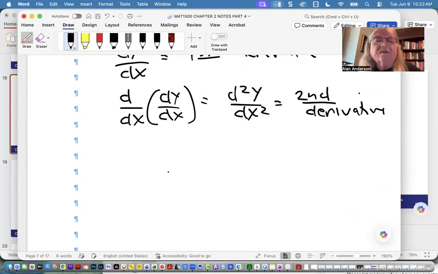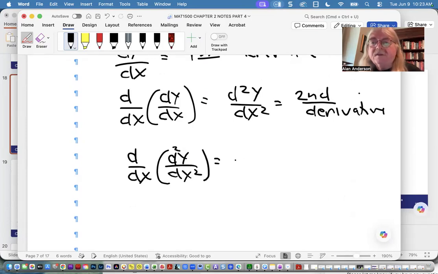In other words, the third derivative is the derivative of the second derivative, of course. And then it goes on from there.